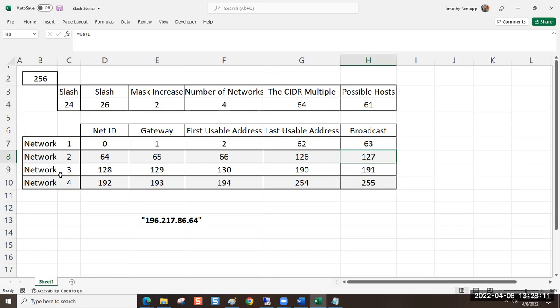Now, what about the third network? The network identity for the third network is 128. Okay. That's my third network. So I've taken a single class C network, which was originally 196.217.86.0, and I was wasting addresses.